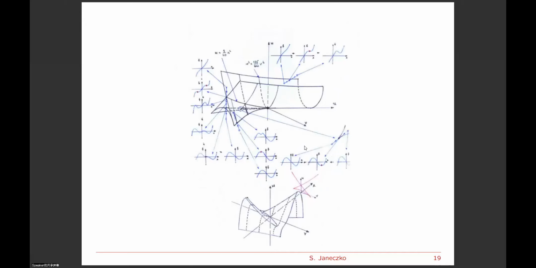So what is this? If you are here, then you have this. If you are here, you have this. And so on. If you pass through this surface, there is a very important change. We call it swallowtail. If you pass through here, you get an inflection point. This maximum and minimum coalesce to a point.